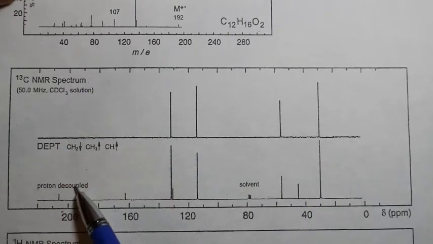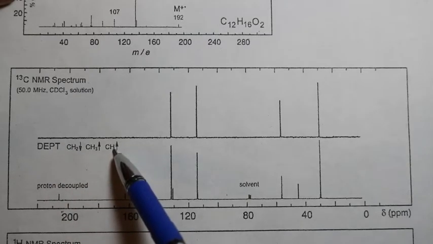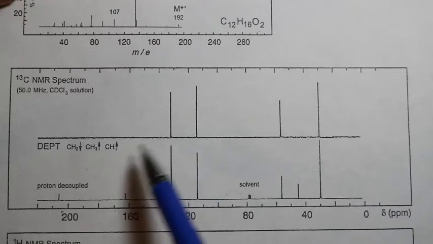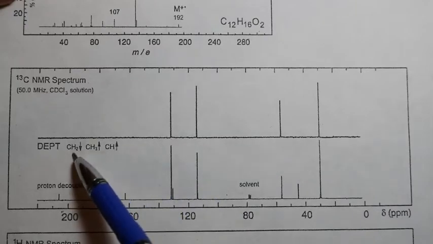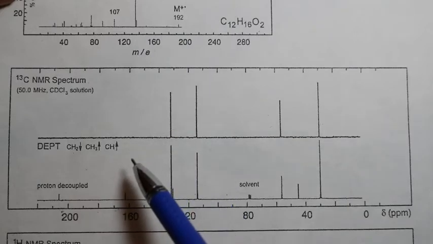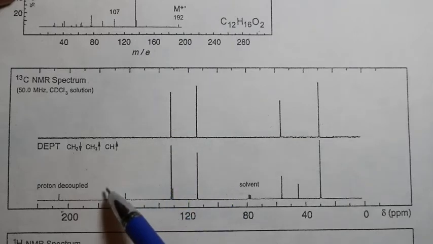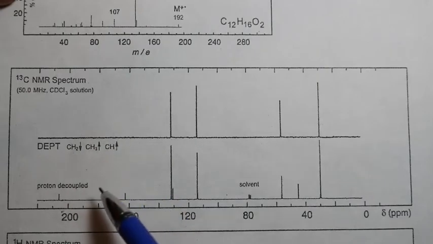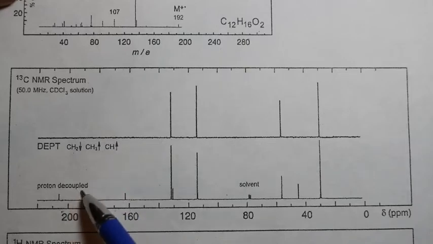The difference between proton decoupled and DEPT is that the primary and tertiary peaks will stay the same, but any secondary carbon peaks will be flipped upside down. And also we do not see the quaternary carbon peaks in the DEPT, which means any peak present for a quaternary carbon in proton decoupled will be missing in DEPT.